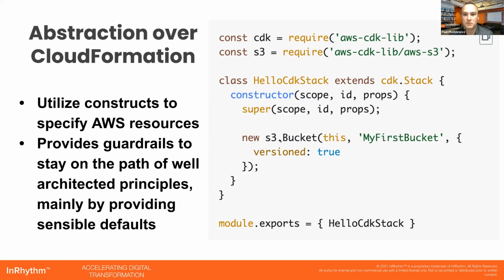Right here is an S3 bucket construct. This can look a little weird at first, but you're just saying that it's within the context of this stack, this argument here. You'll pass in an ID, which can be anything, but then you can pass in properties to change how your resources will be provisioned on AWS.